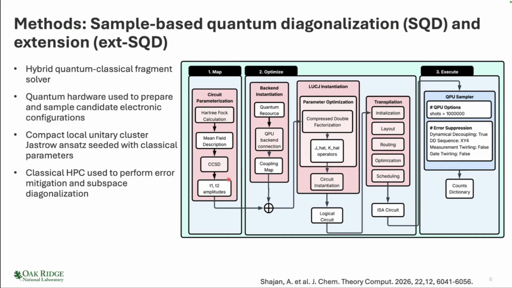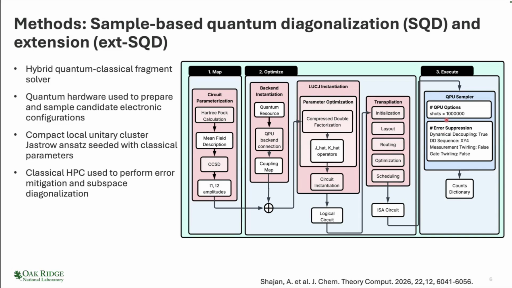From there, classical HPC is used to perform error mitigation and subspace diagonalization. So you'll map your problem onto the quantum hardware. You'll optimize your circuits, transpile it down to gate level instructions for the quantum device, and then perform a sampling over 1 million shots per fragment.